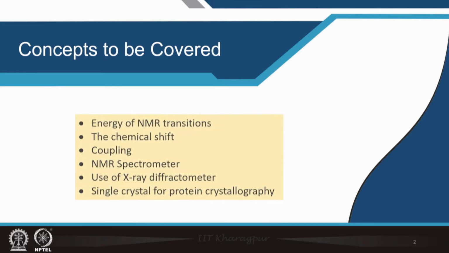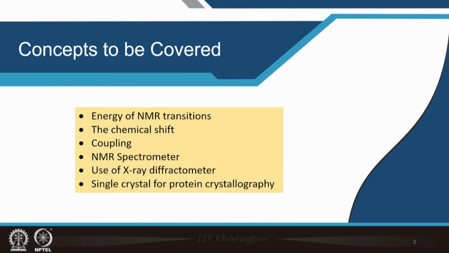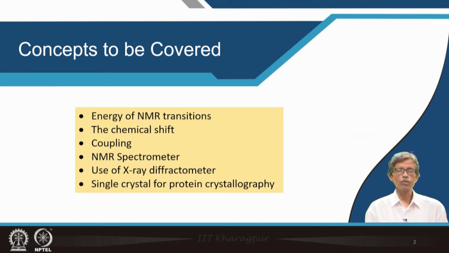So, the concepts that we try to cover in this class are the energy of NMR transitions. What energy will we use for seeing NMR transitions? Many spectrometers are available for routine chemistry or organic chemistry studies, from 60 megahertz to 500 megahertz. So, what sort of energy is useful for studying biomolecules?